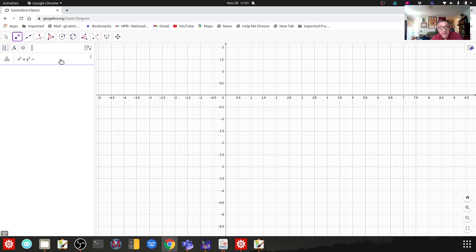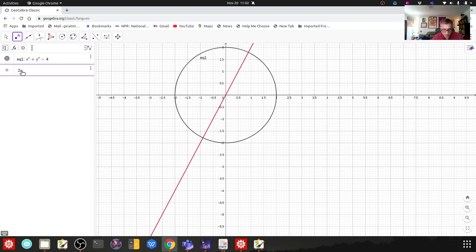You should recognize that as a circle, a circle of radius 2, right there. And my second is a little bit different.